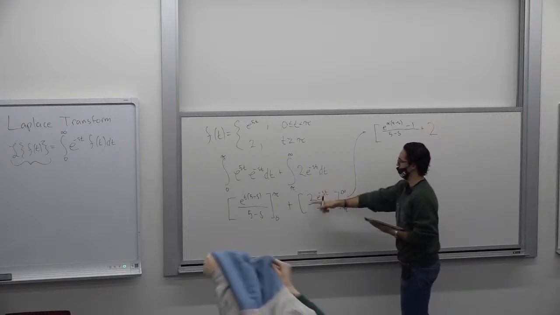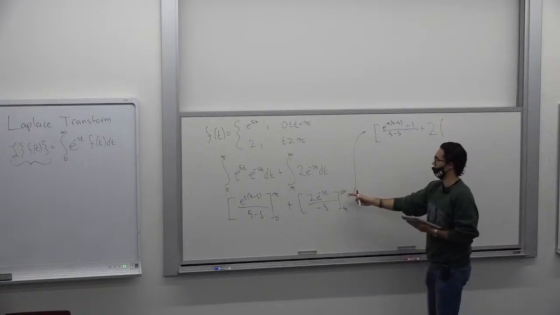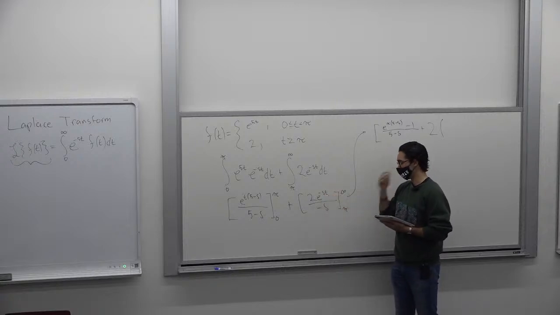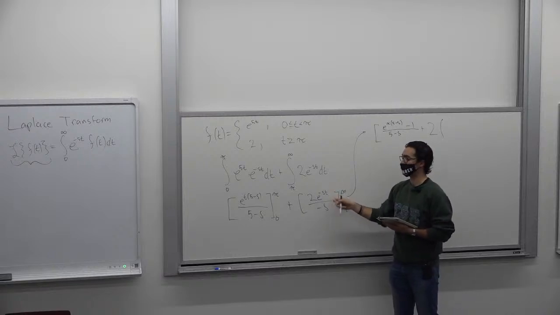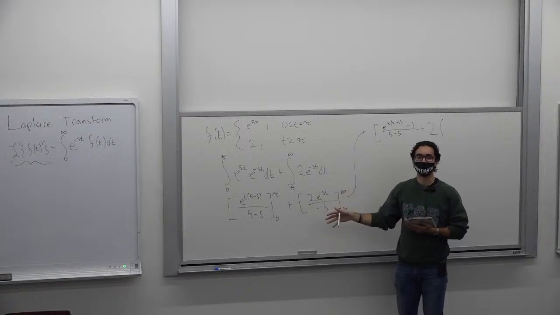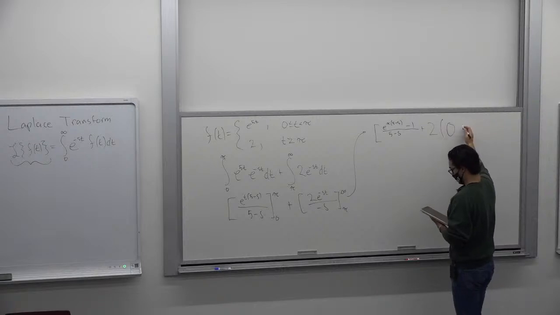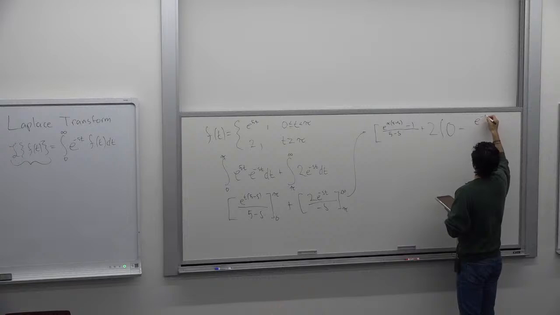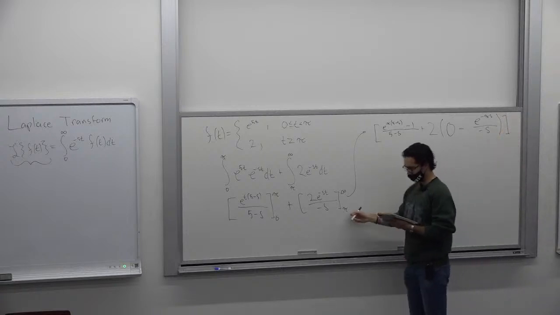I just brought that 2 out in front. And when we plug in infinity, this is going to be e to the negative infinity, which comes down to our denominator as e to the infinity, a really big number in our denominator. So that's going to lead us to just 0. And then minus e to the negative pi s over negative s, because we just plugged in pi.